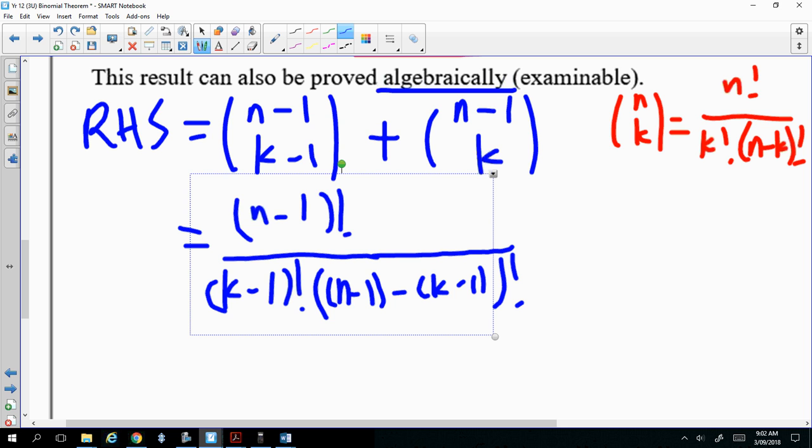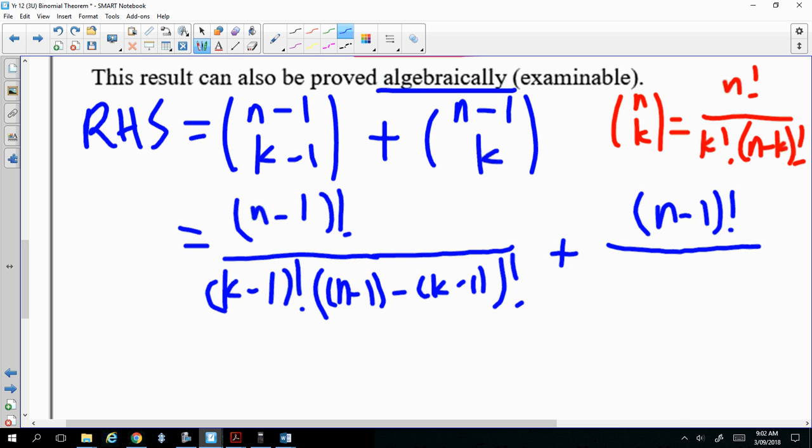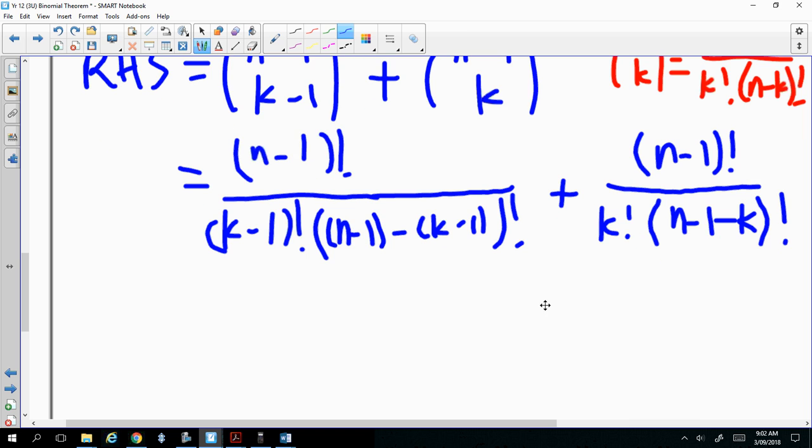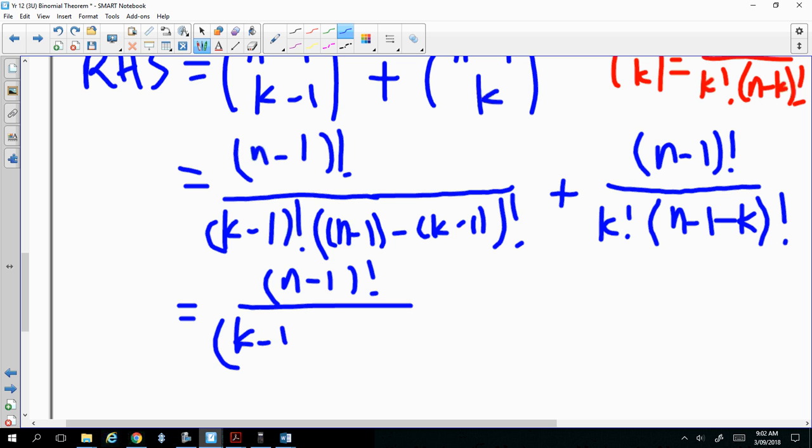Okay, and then plus, do the same thing, use the definition: (n-1) factorial over k factorial, and then find the difference, (n-1-k) factorial, like that. And then I want you to simplify this further: (n-1) factorial over (k-1) factorial times (n-1-k+1) factorial. And the other one, just leave it as it is.